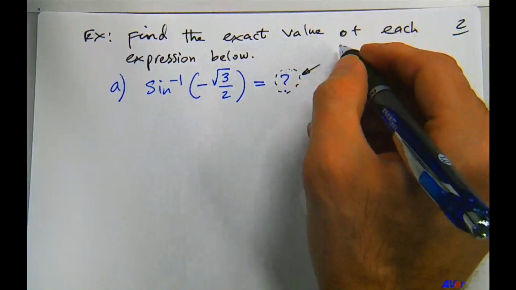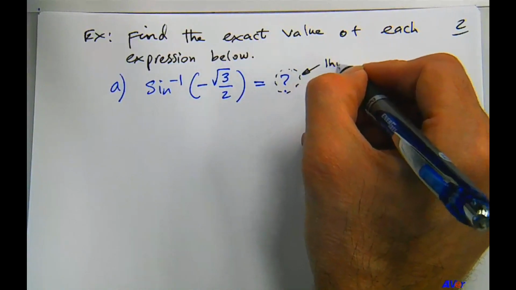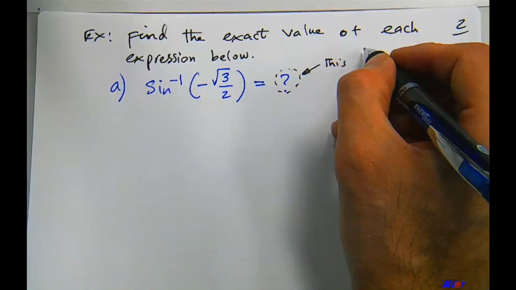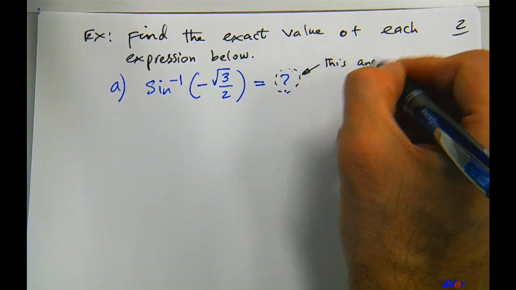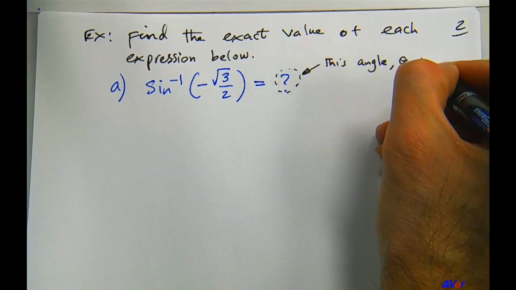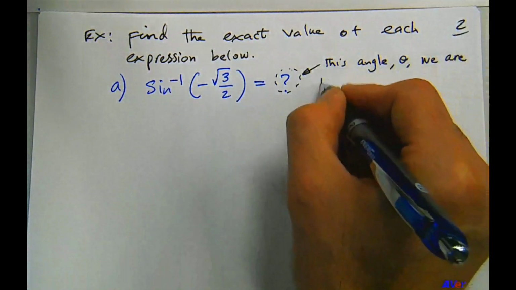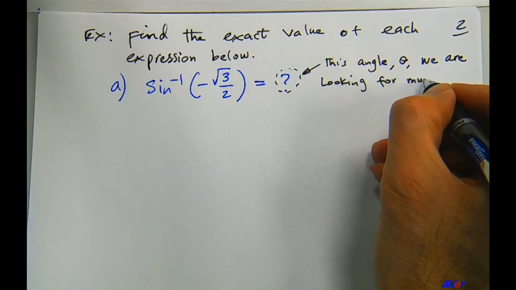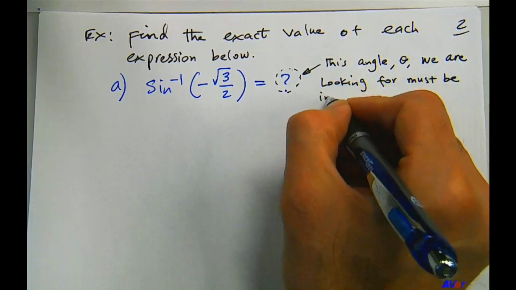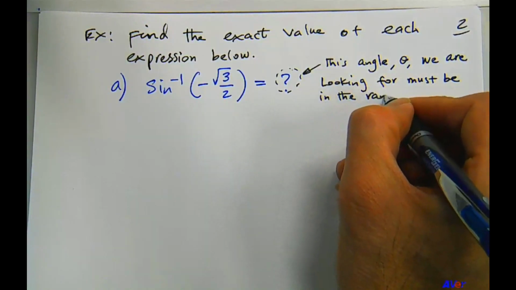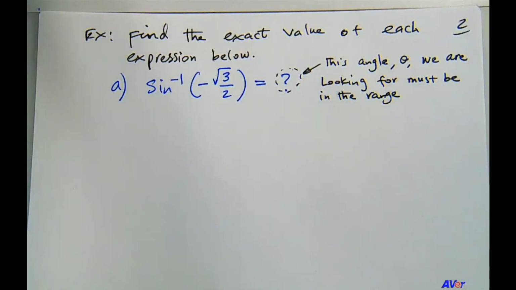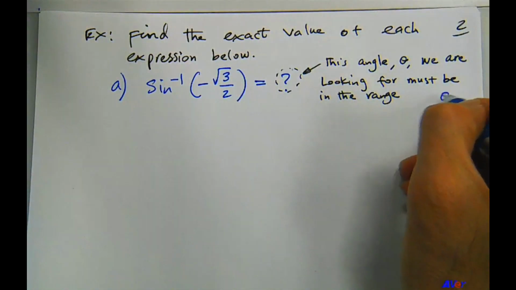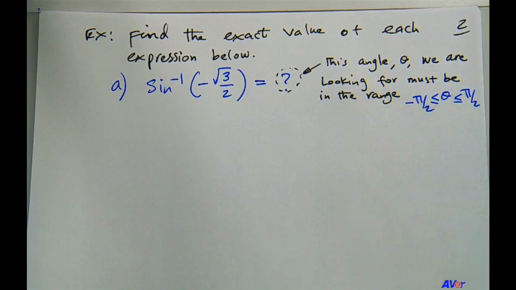So this is some angle theta we are looking for, and it must be in a range. Theta must be between negative pi over 2 and pi over 2 for the inverse sine function. Okay.